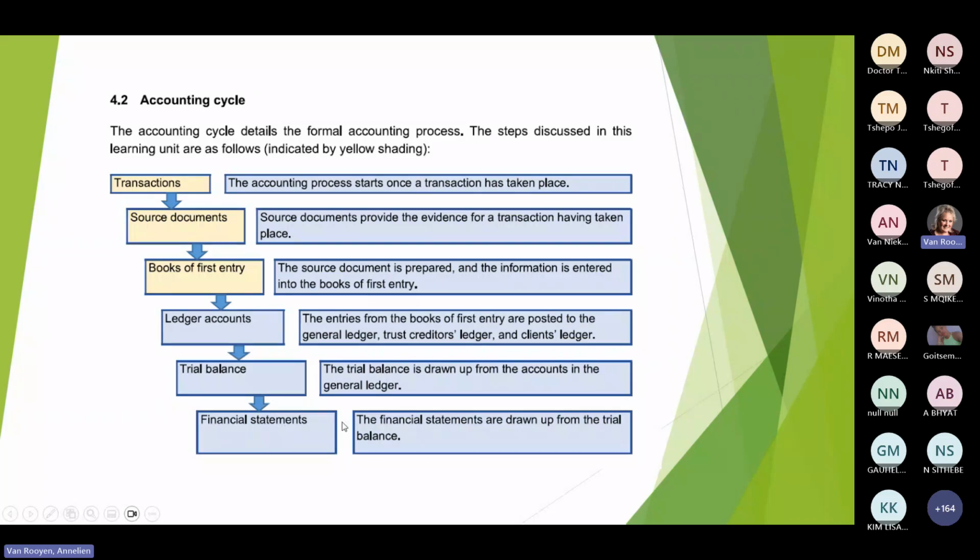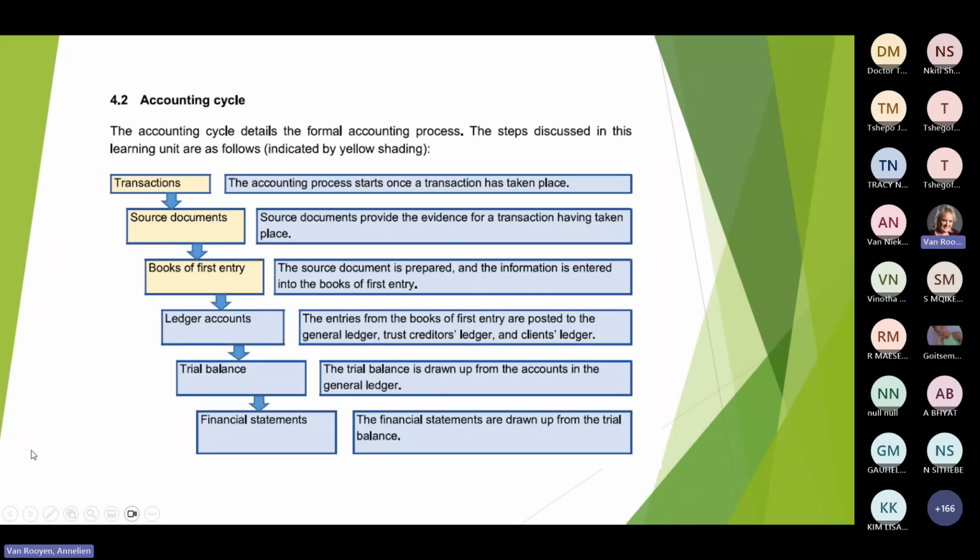And the financial statements are the final product that either the shareholders want to look at, the directors, the managers, the investors, etc. So all these source documents are accumulated into transactions from ledger to trial balance to get to the financial statements stage, where a business can see what is going on, whether they are having profits or losses.